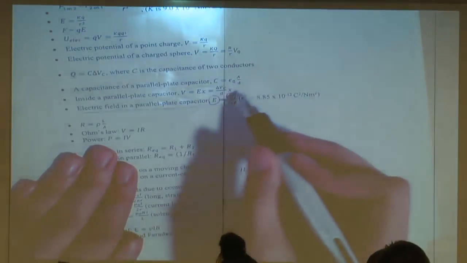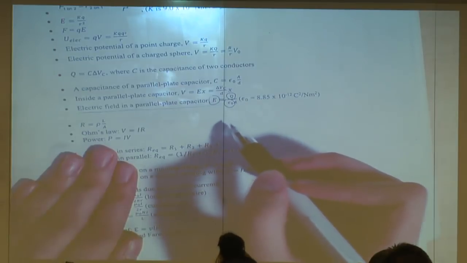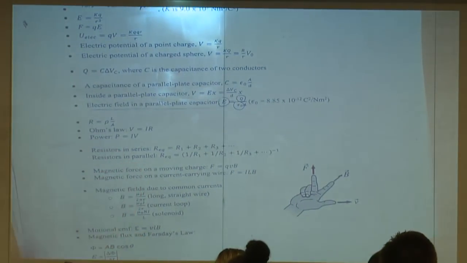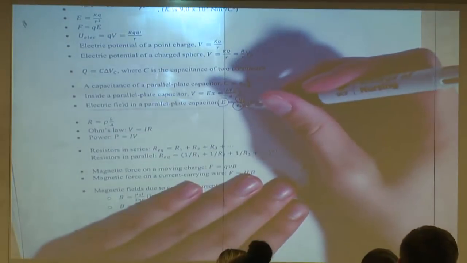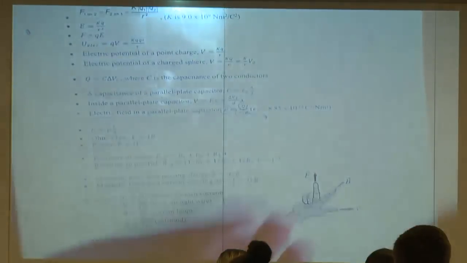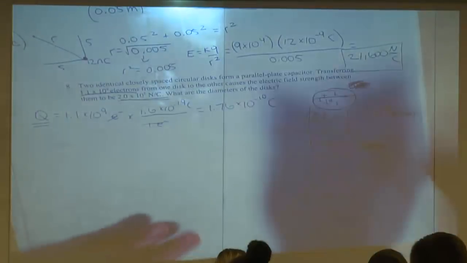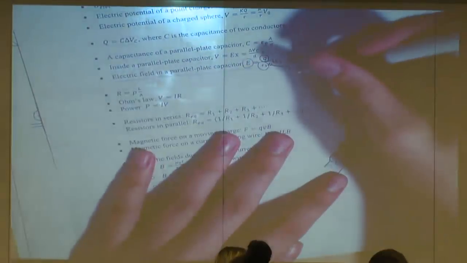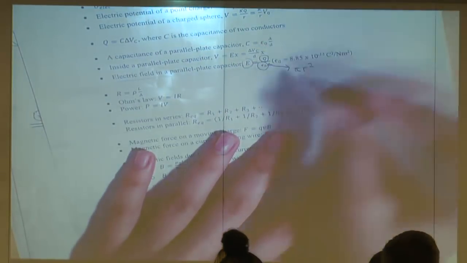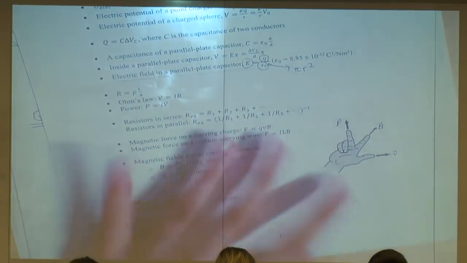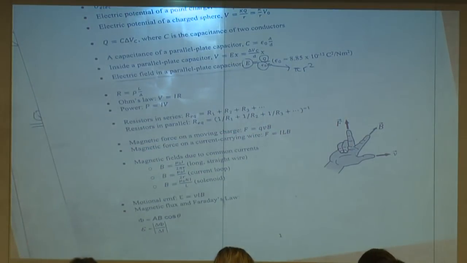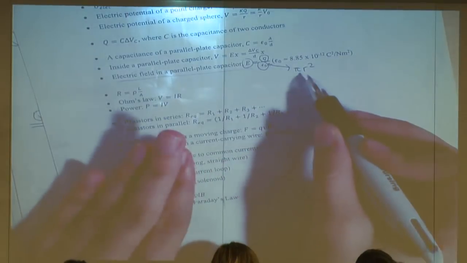I know it's hard to see, but that's the epsilon naught constant, if you guys remember that. And then area. We want to know what the diameter is, and area is pi r squared. So from this, we can find the diameter, right? Because if you know the radius, if you multiply it by 2, you can get the diameter. So this is going to be the best equation to use for this one.